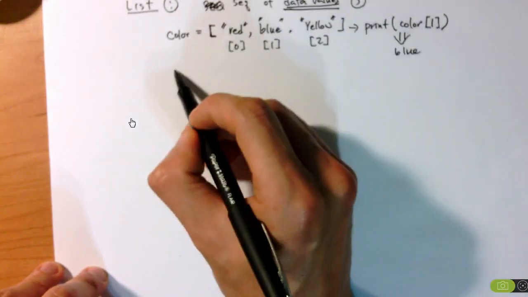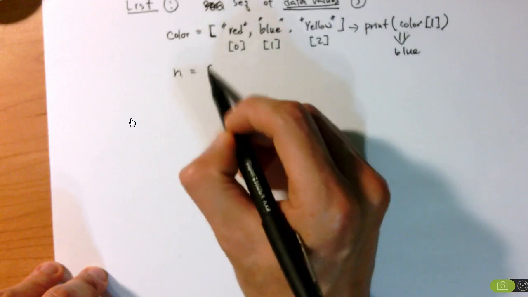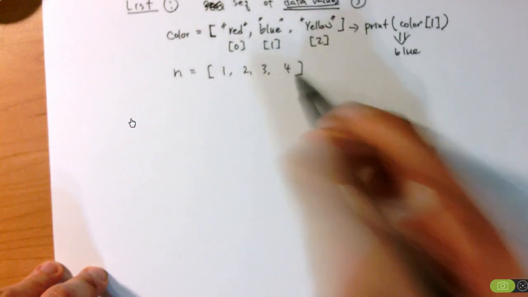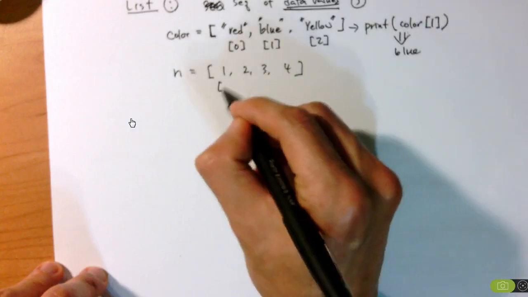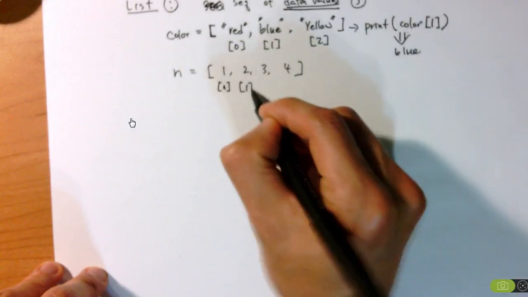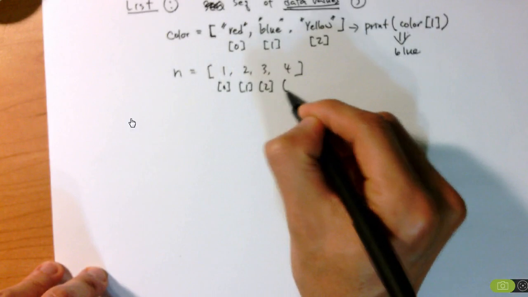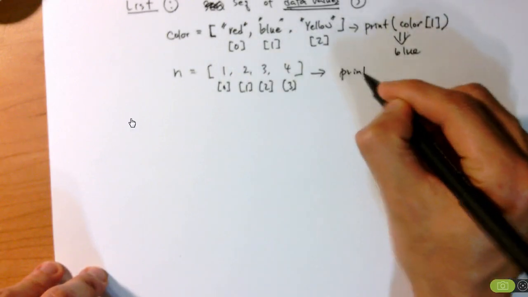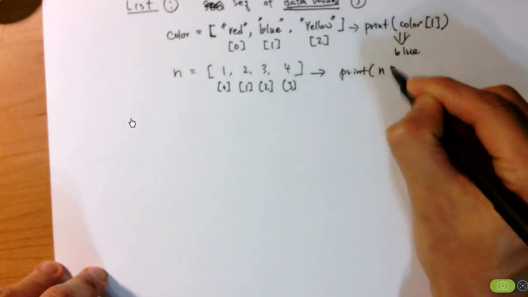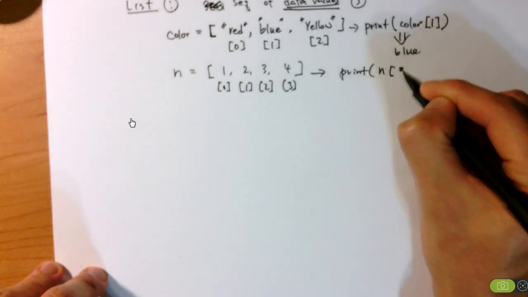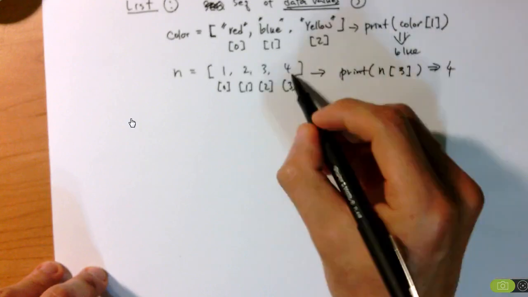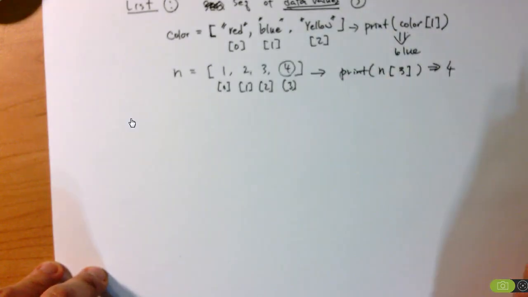So you can say n is, for example, the numbers 1, 2, 3, 4. Let's say this is your list. Of course, the index starts from 0, 1, 2, and 3. So when I say print n, let's say 3, it is going to print 4, this guy, when the index is 3.